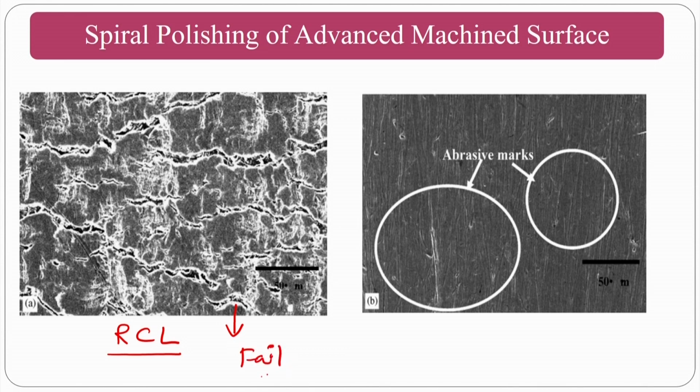For that purpose, you have to go for finishing of this, and you can finish using the spiral polishing method, and you can get a good pattern of the surface, and moreover you can remove the recast layer entirely and expose the parent material. Now if you put this into practical conditions, then what you are going to get is a good life of that particular component compared to the previous one.